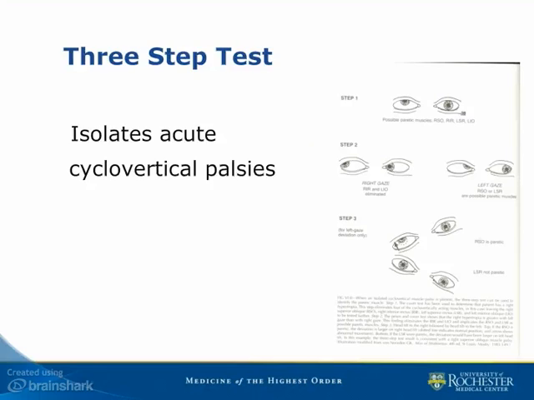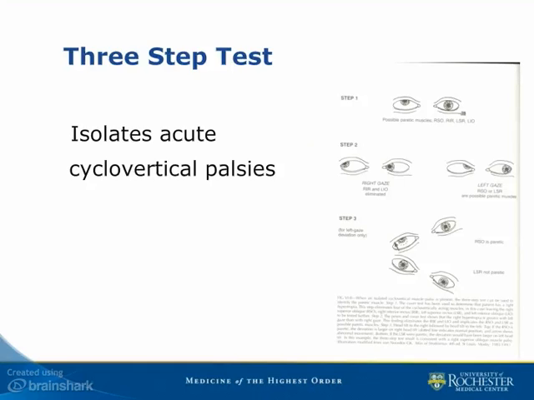Step two involves determining which gaze side the hypertropia is worse. This patient has a right hypertropia and seems worse in left gaze. Therefore, either the right superior oblique is paretic or the left superior oblique, because these are both the cyclovertical muscles that are acting in left gaze.